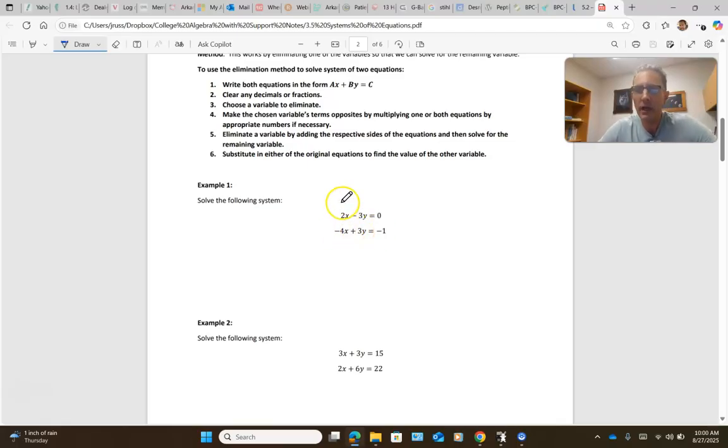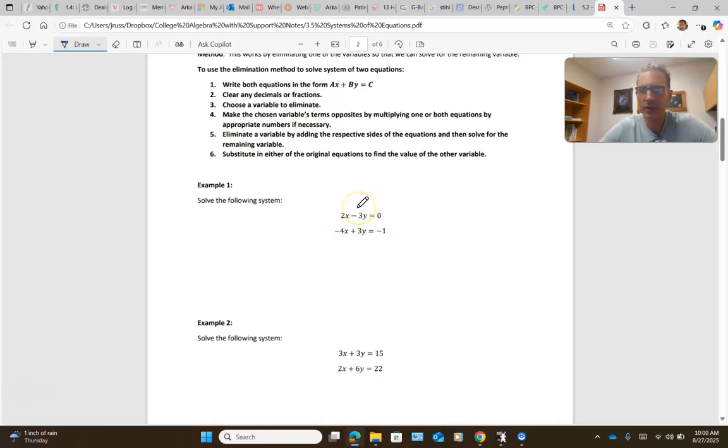But we tend to write these linear equations like this. We try to get all of our x and our y terms on one side and have our constants on the other. The reason is because it makes it easier for us to actually solve them. So that's when we like to set them up this way. But this would be an example.